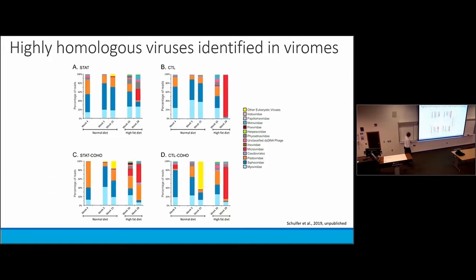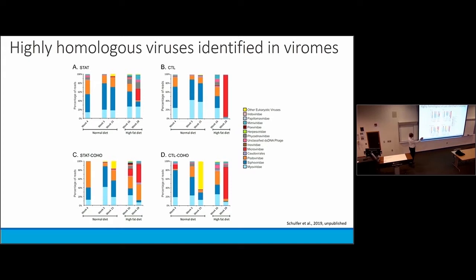So what does this transition look like? Well, in general, you have a relatively stable virome when they're on these normal diets. These panels show different things that we're not going to go into in detail, but most of these have relatively stable viromes over the course of week 4 or 5 to week 15.